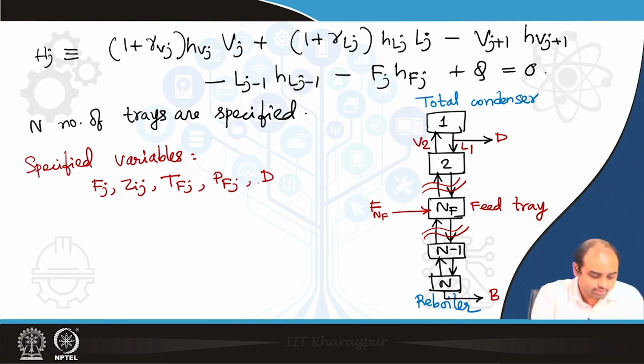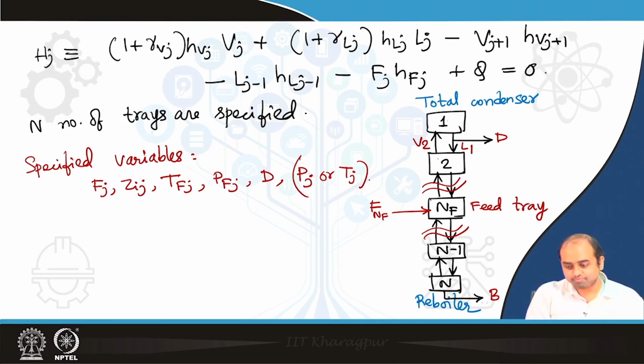Then you have D in the problem, and B is also specified, or B is something you can calculate from the overall mass balance. And let us say the pressure in the system is specified for Pj for all the stages; either pressure or temperature, one of them, is specified for all the stages.